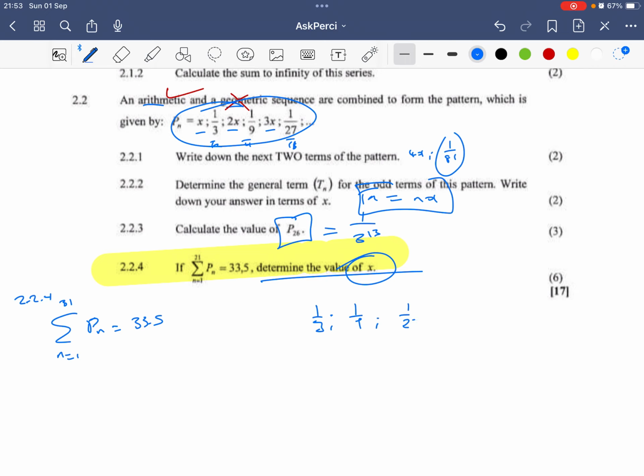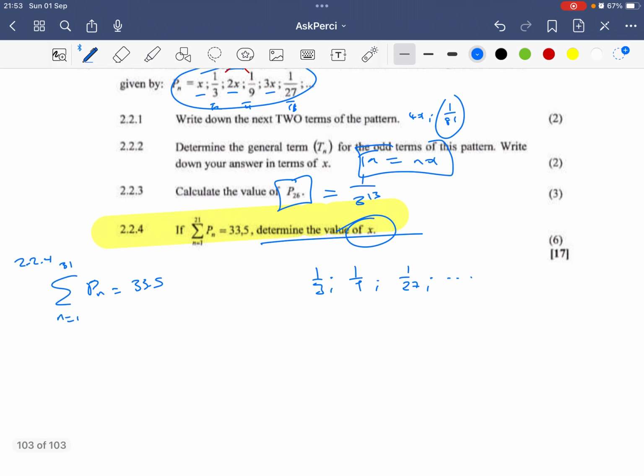So this is 1/27. Now you can find this is a geometric sequence because r is equal to 1/9 divided by 1/3, which is equal to 1/3. Same applies to 1/27 divided by 1/9, it will give you 1/3. So r is 1/3, and this is a geometric sequence. So the geometric sequence Tn is equal to ar power n minus 1, right?